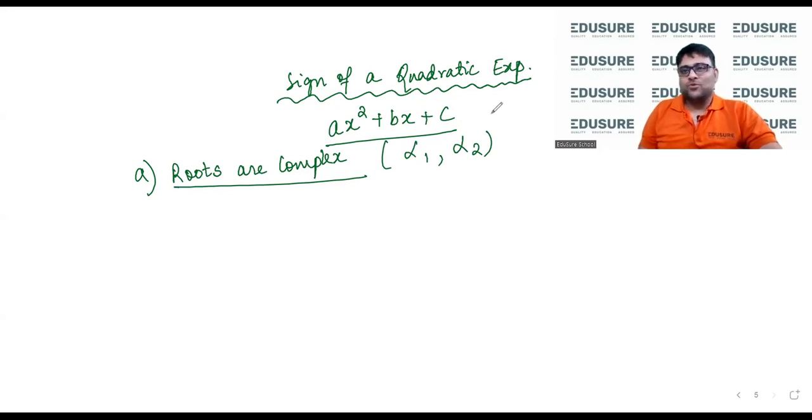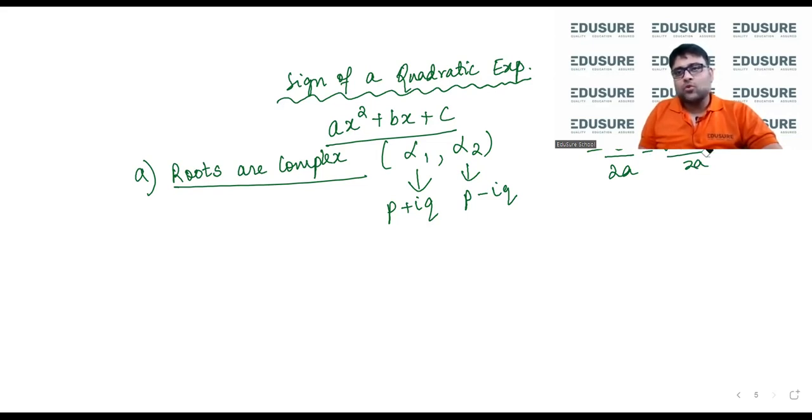Whenever I have complex roots for a quadratic expression, one root will be of the form p plus iq, the other root will be of the form p minus iq. Because please understand, one root will be minus b by 2a plus root over b square minus 4ac by 2a, and the other root will be minus b by 2a minus this.